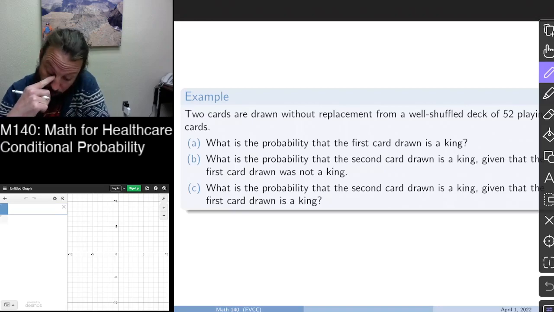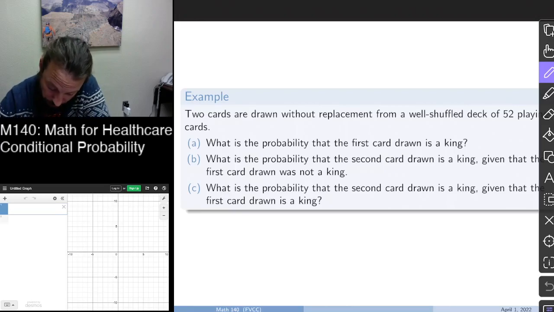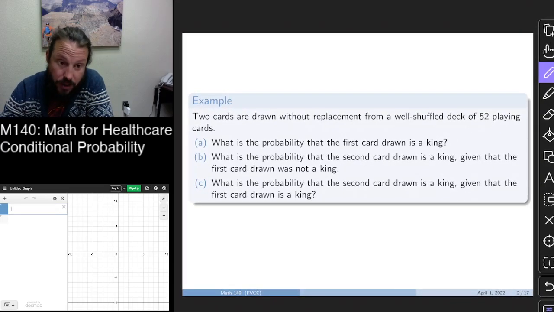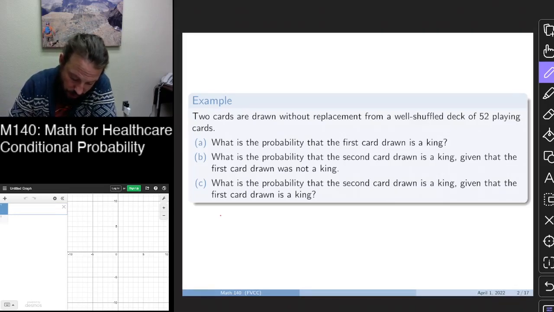Two cards are drawn without replacement from one well-shuffled deck of 52 playing cards. A: What is the probability that the first card drawn is a king? Well, we've got 52 cards. How many kings? 4. So 4 out of 52.